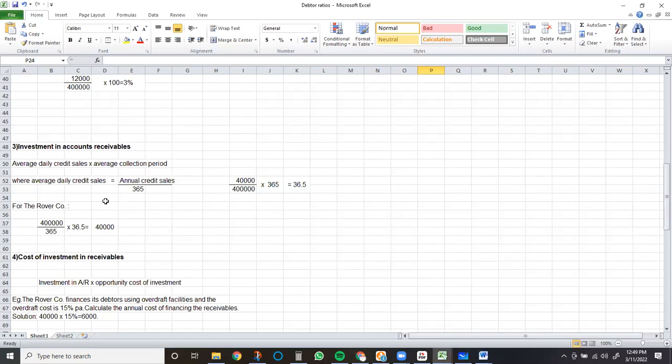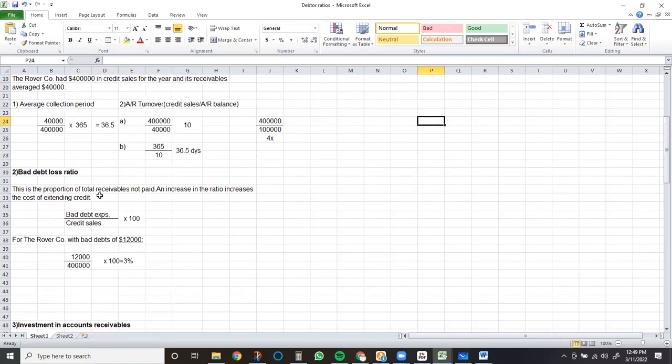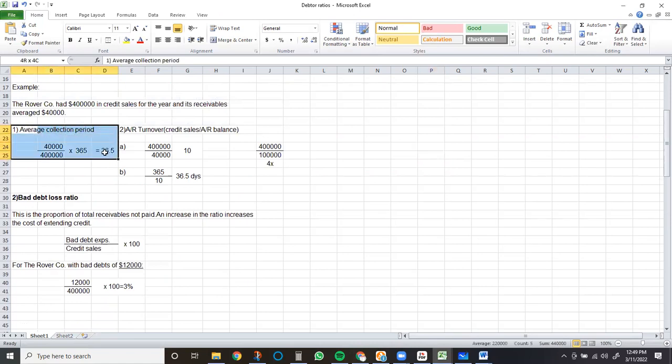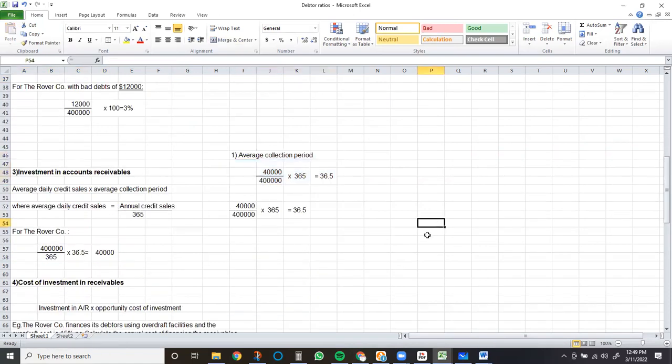So, for example, for the Rover company, the investment in receivables is 400,000 divided by 365 times 36.5, 40,000. Remember in the Rover company before we had this. Okay, this is what we had before. 36, right.